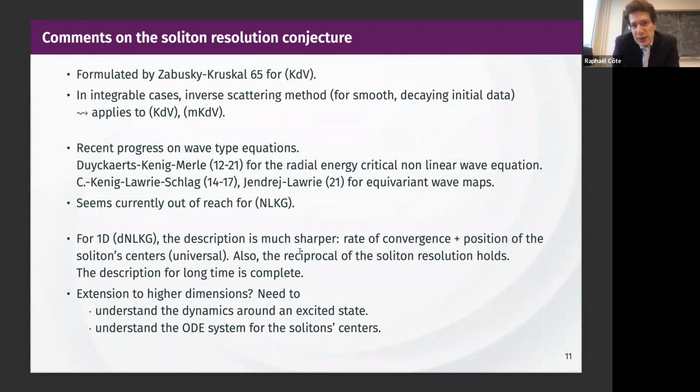And in integrable cases like KdV or cubic 1D NLS, you can use the inverse scattering method, which works for smooth and decaying data, and you do obtain a soliton resolution. So that was one of the great successes of the inverse scattering method. The drawback is that you have to choose really nice initial data, and also it's really sensitive to perturbation in the nonlinearity. As you need to have a Lax pair, you need to be in the integrable case, and everything falls down if you look at perturbations of these.